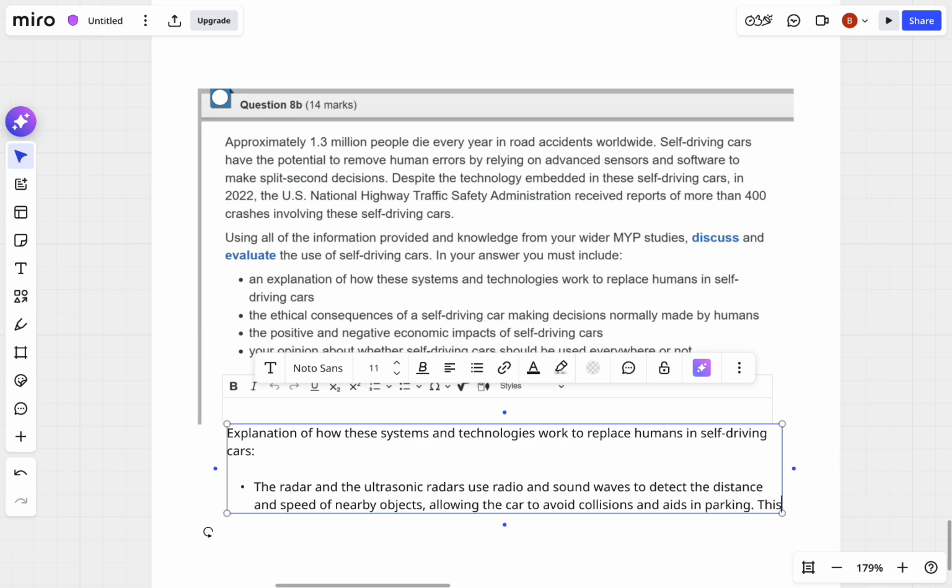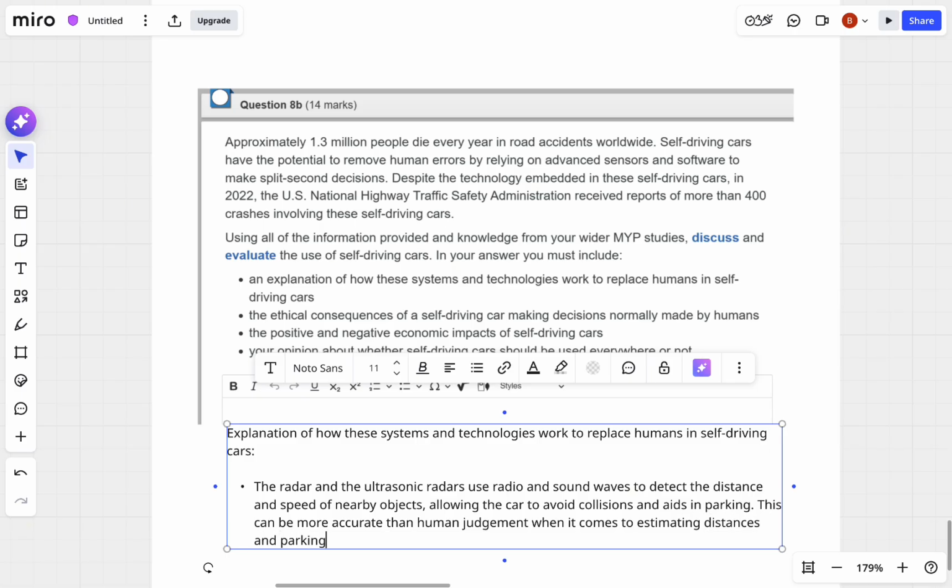Next, this can be more accurate than human judgment when it comes to estimating distances and parking in tight spaces. That's the first point.